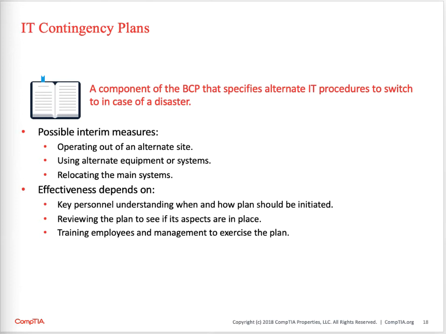So it should include adequate training to our employees and management in order to actually exercise this contingency plan and maintain it. And we're going to have to re-examine this from time to time to make sure that we're keeping up with current practices. Our employees change, because employees are going to rotate out of the business, and we're going to want to make sure our employees and management are also up to date.